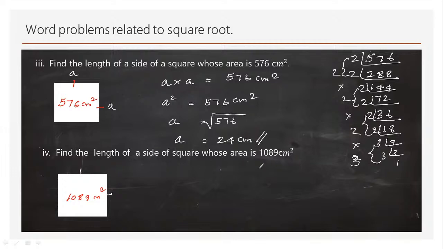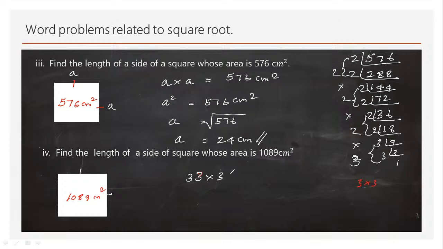You can just imagine the last digit 9 we obtain only if you multiply 3 times 3. And definitely the number we get as the square root should have 3 as its end digit. Right? I will mention the end digit as 3 here. And that is really greater than 30, right?